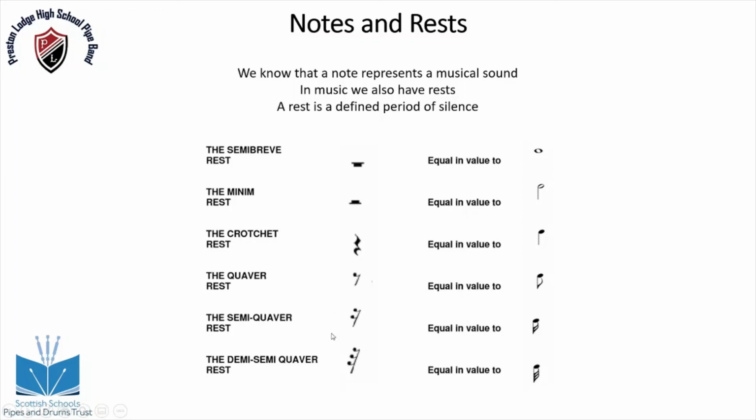And then same with the semi-quaver, there's 2 of the fancy lines, which means there's 2 tails, so it's a semi-quaver. And the final one, 3 of the fancy lines, same as the 3 lines on the note there, so it's a demi-semi-quaver. And I'll give you just a little moment to copy them out.